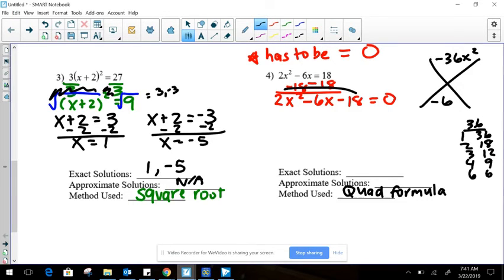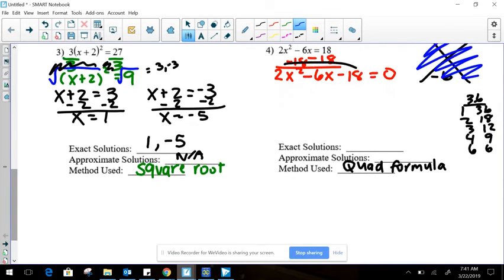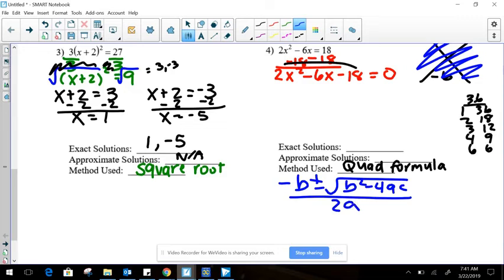So I'm going to cross this out because I'm not using the factoring part anymore. I'm using my quadratic formula, which I'll write down here. Remember, x equals opposite b plus or minus square root b squared minus 4ac all over 2a.